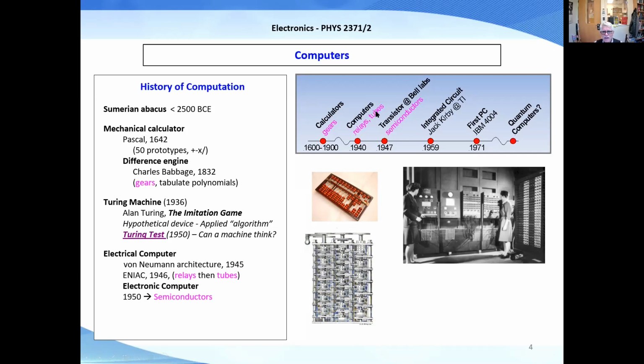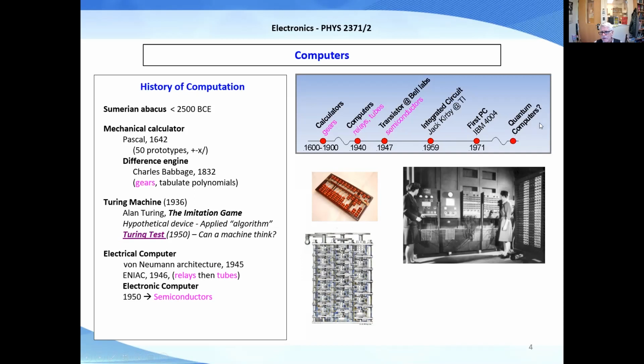Anyway, vacuum tubes get hot, but then semiconductors came along, and then you could make things really small. And then on top of that, integrated circuits, where you could put a whole lot of semiconductor devices together. That really enhanced computers quite a bit. And here's the first PC computer around 1970.